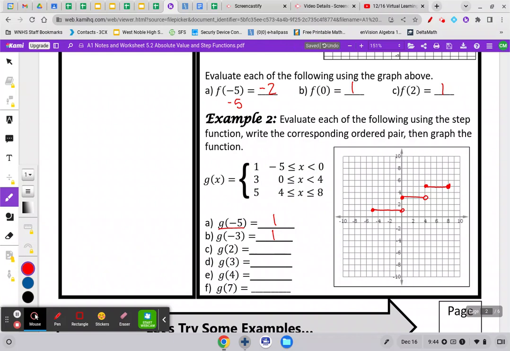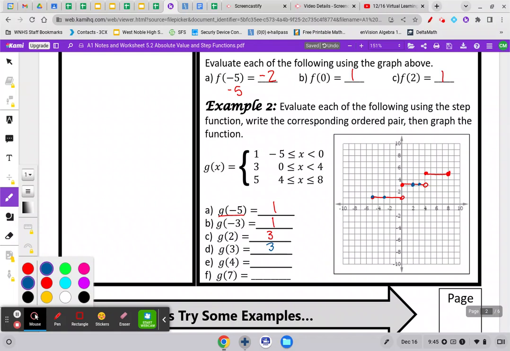Where x is 2, y is 3. If it would help you, I can make a little mark there. X is 2, y is 3. X is negative 3, y is 1. X is negative 5, y is 1. So I worked backwards. Now we're at x is 3. So the y value is still 3.